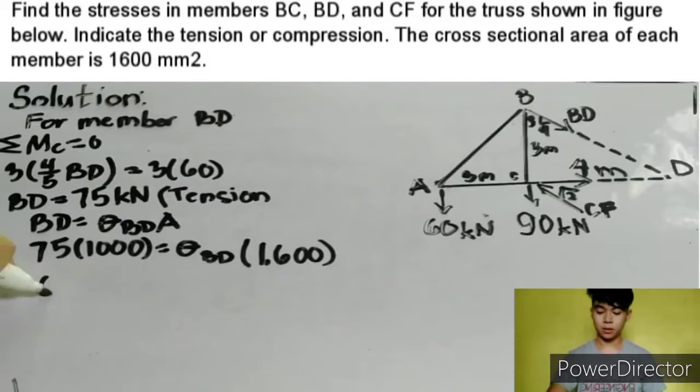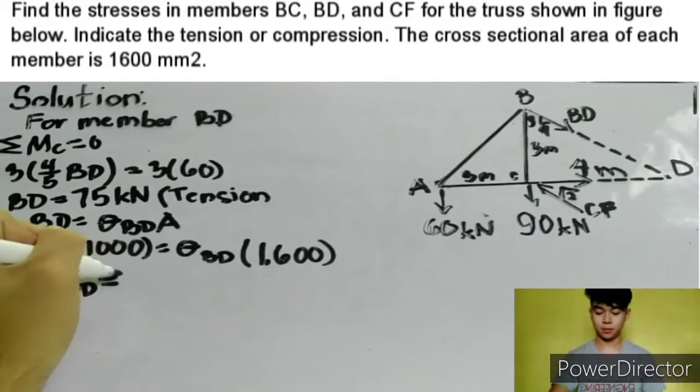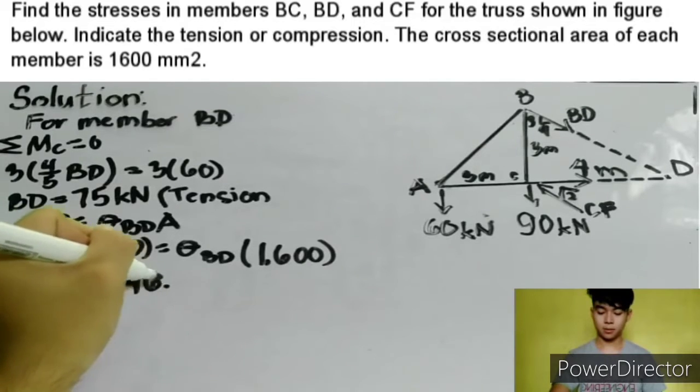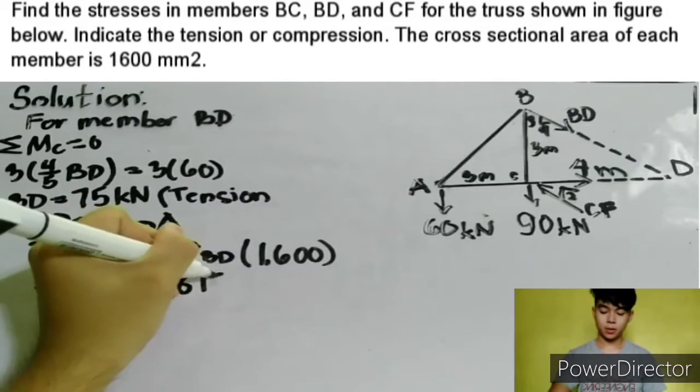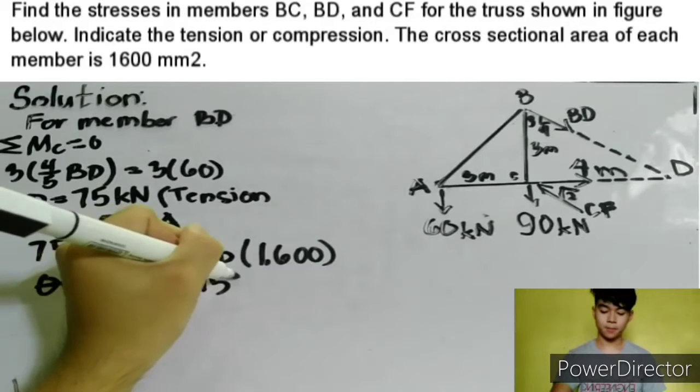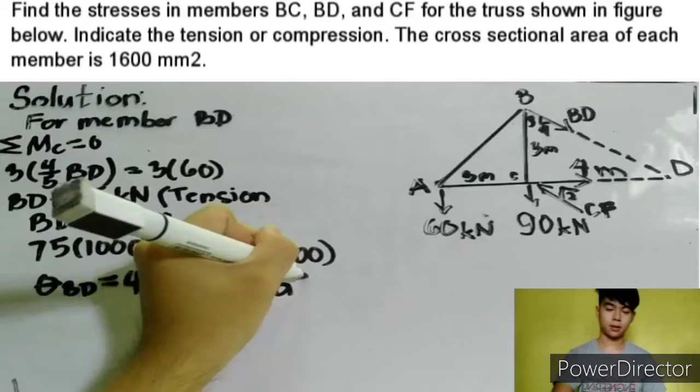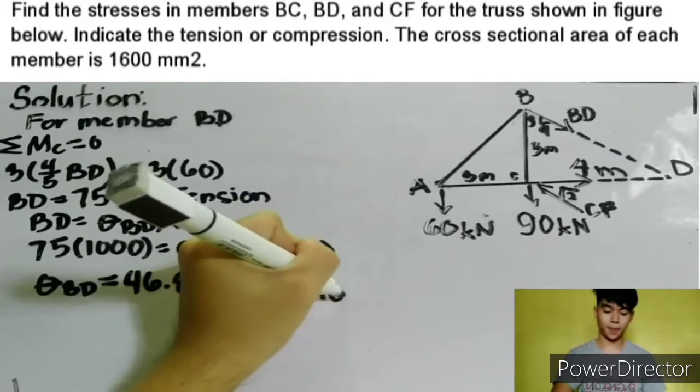So the stress in BD is 46.875 megapascal, and it is tension.